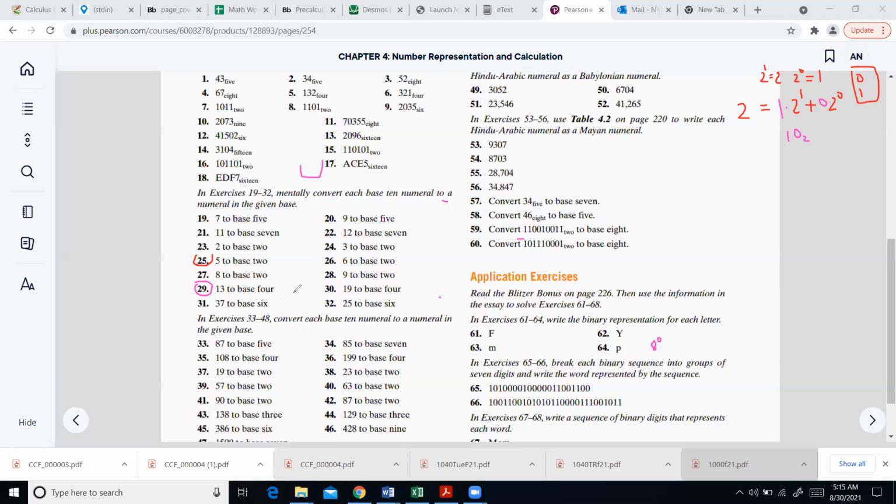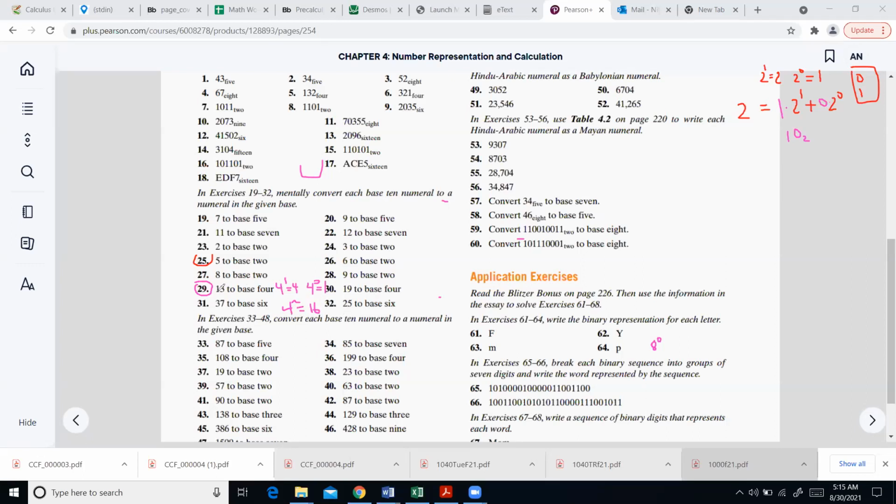So in the base 4, thanks for questions. So if anything else, please let me know if you have any other problems in mind, but I'll start with 29. So it looks like here we are dealing with powers of 4 because the base is 4, right? Now, if I go with 4 squared, that's already too much because it's 16. It's bigger than the number we have.